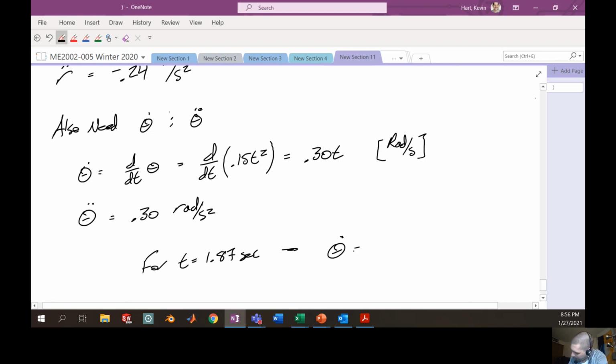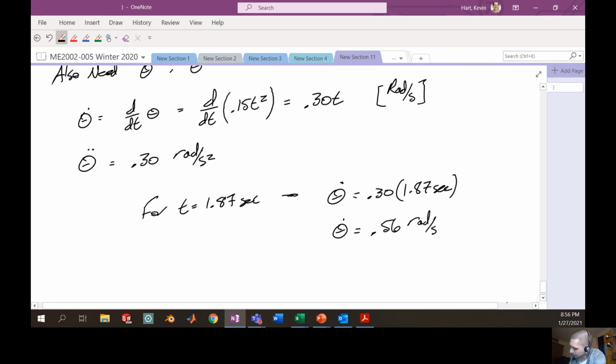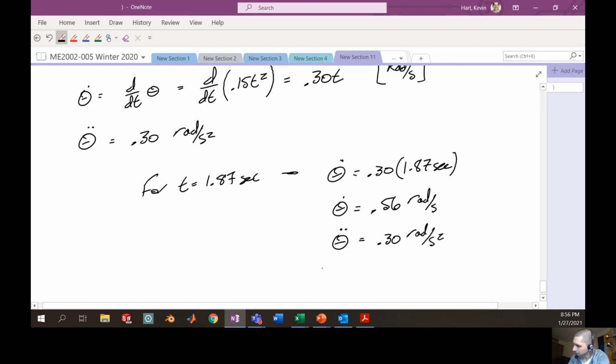In the snapshot of time that I'm interested in, theta dot is 0.30 times my time, which here is 0.56 radians per second. And since theta double dot does not depend on time, it's going to be constant, 0.30 radians per second squared. Okay, so all of these bits of information are what I need to know at this particular snapshot in time.